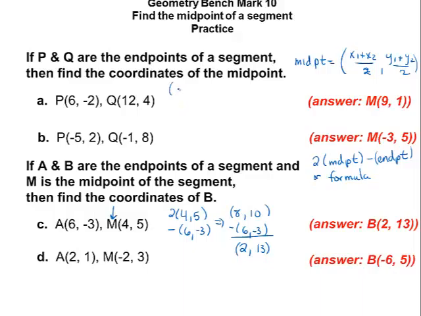Algebraically, I would have 4, 5 equals 6 plus x2 and negative 3 plus y2.